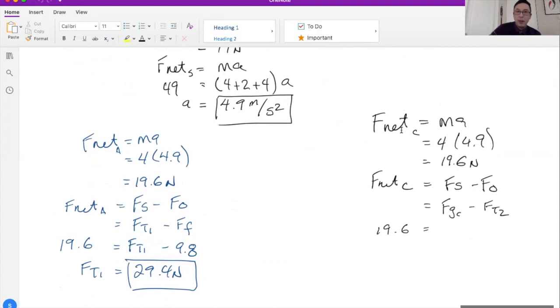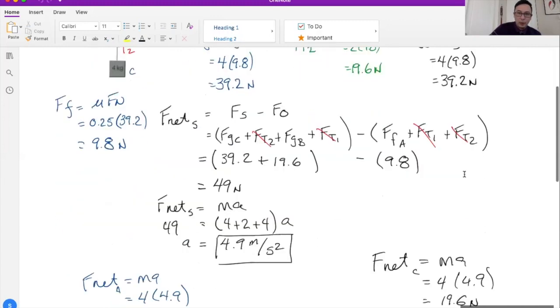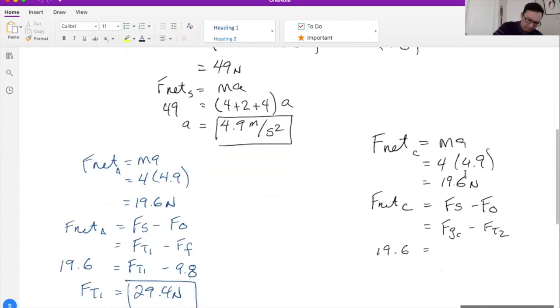Force gravity we know to be 39.2. So force of tension 2 is equal to, subtract 39.2 from both sides, I get negative 19.6, but that negative 19.6 is equal to negative FT2, so the negatives cancel, so we have 19.6 newtons.